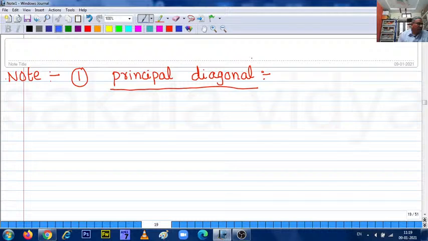So principal diagonal we define only in a square matrix.